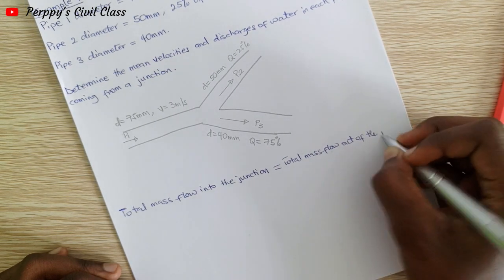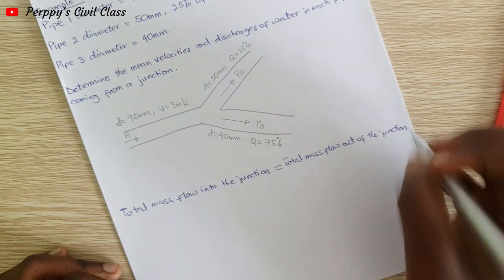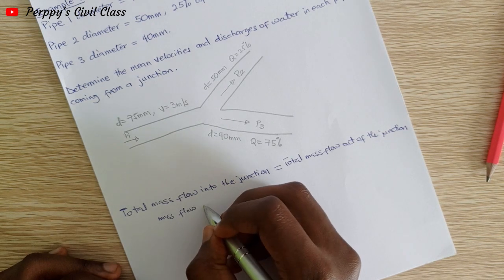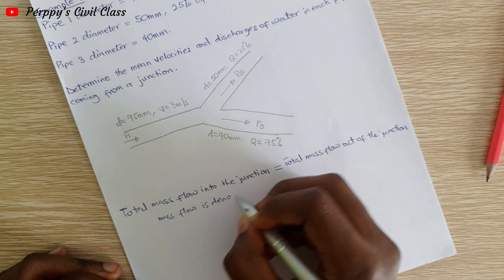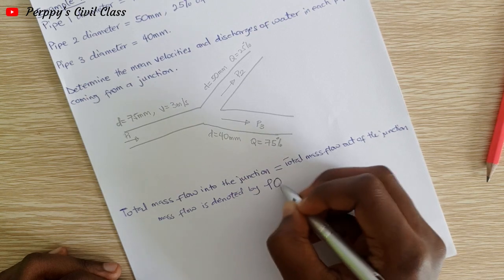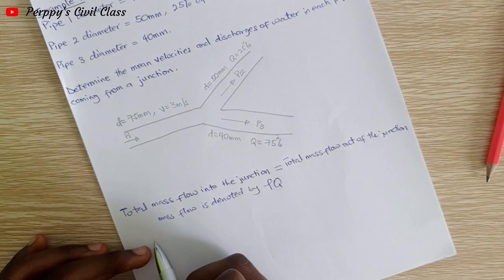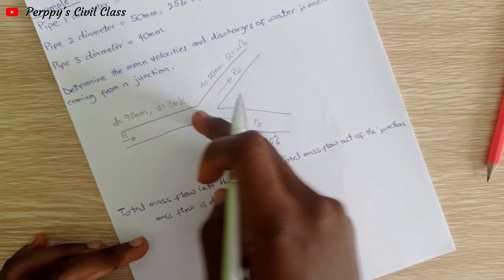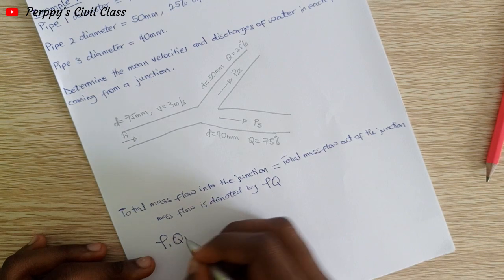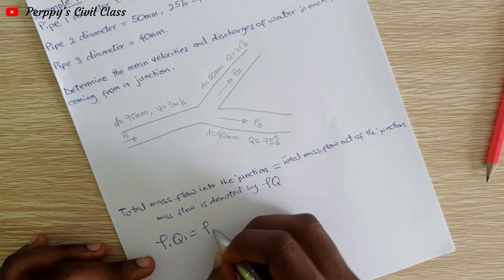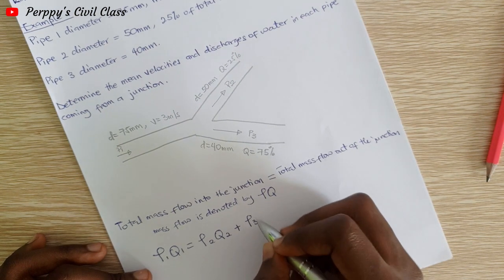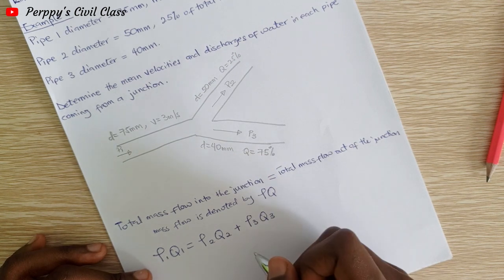Now the mass flow is denoted by density times discharge. Therefore, we have density 1 Q1 is equal to, out of the junction, density 2 Q2 plus density 3 Q3.